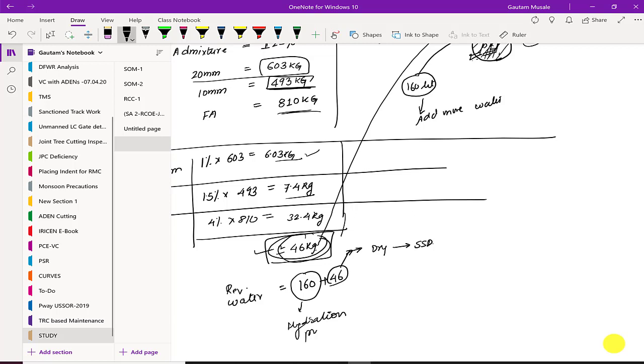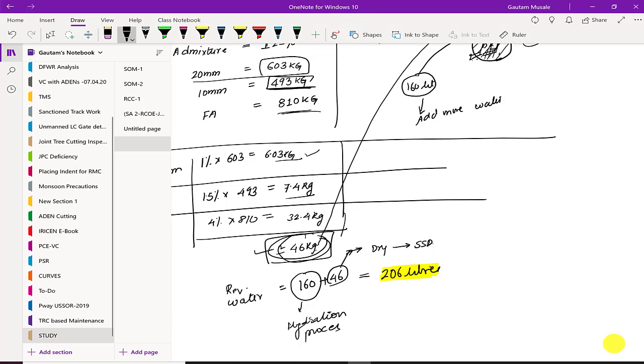So total will be 160 plus 46, 206 liters of water I will need to add to the system, right? Now when I add the water, my system should be in equilibrium. That means I will have to reduce the corresponding aggregates also.